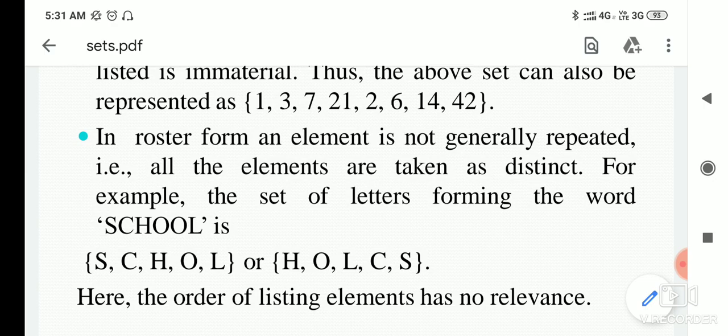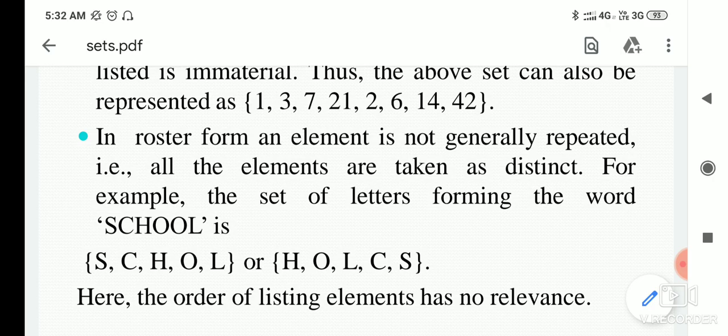First write the curly bracket, and in that bracket write the letters. So here you have s, c, h. Now you have the letter o two times, so you have to write it only one time. Next letter is l. Generally in roster form you don't repeat the elements. Here the order of listing elements has no relevance in tabular form. These are some conventions that you have to remember.